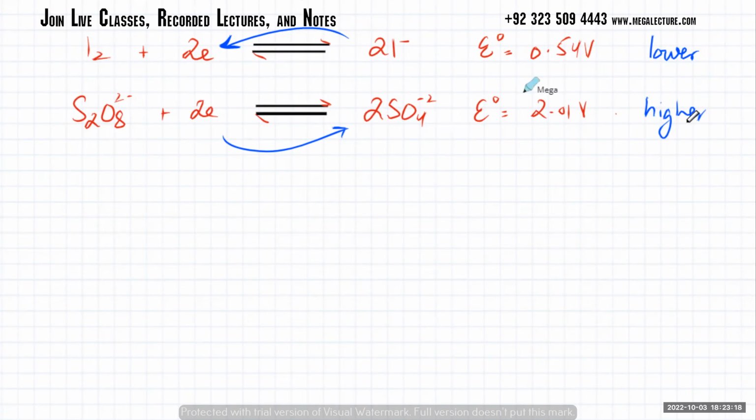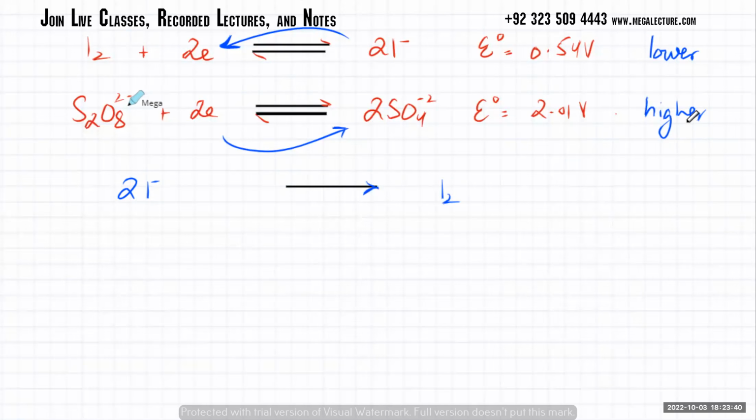And you'll have an overall reaction which is going to be, I'm going to add up the reactants. What are my reactants? It's 2I minus 1 turning into what? It's turning into I2. Okay, so I've got my 2I minus 1 and the product that it's forming is iodine. And what is the other reactant?